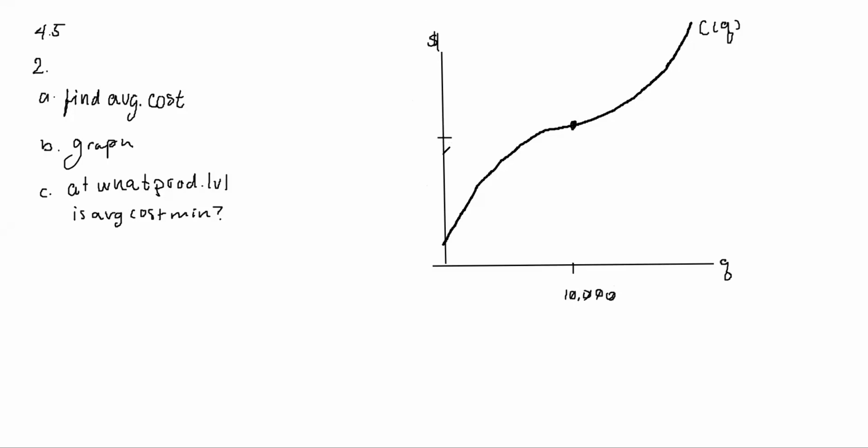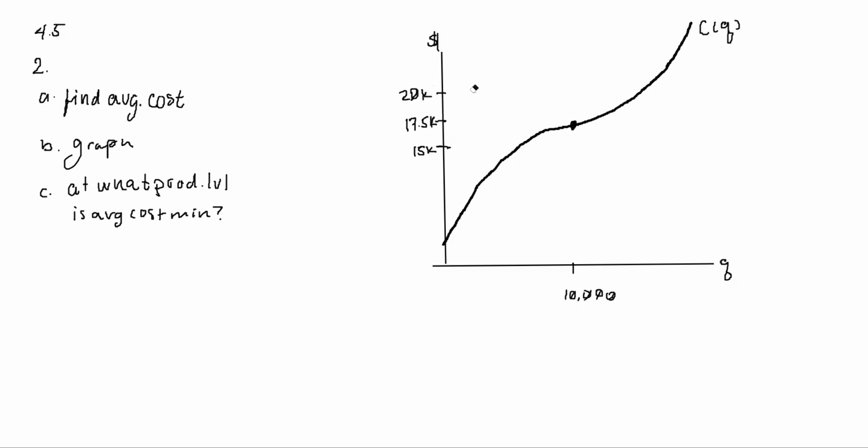Let's see, that's 10,000, 12, 14, 16. Is that how it's set up? Nope. That's just over 15,000. Here is 15,000, and here is 17.5 thousand. Okay.